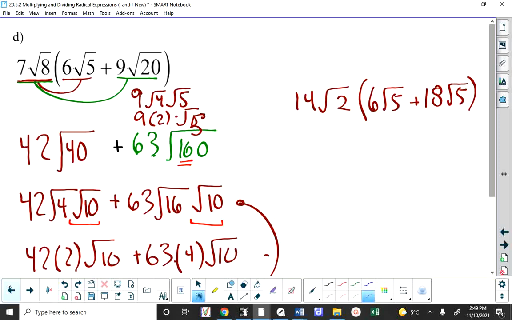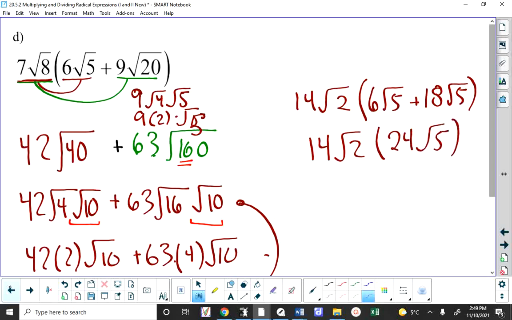Now, you won't always be able to add them together because you might get root 5s and root 3s. But even if you do this and you can add them together, you're still going to arrive at the simplified result. So in this case, we've got 14 root 2 times 6 plus 18, which is 24 root 5.